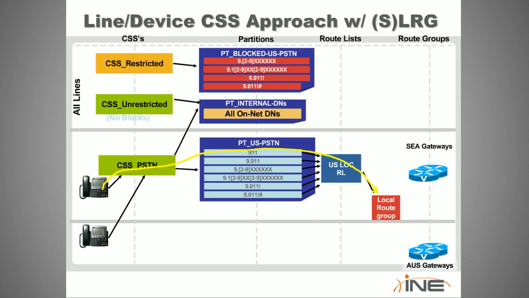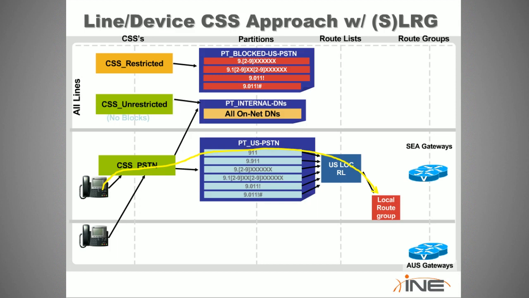As this call, and this is actually for a Seattle phone, I forgot to note that this was a Seattle phone, as that call goes through the one calling search space, goes through the one pattern. Okay, I'm only going to have one set of patterns. Remember before we said if we had 1,000 sites, we still needed 1,000 patterns times the number of types of patterns times the number of sites.